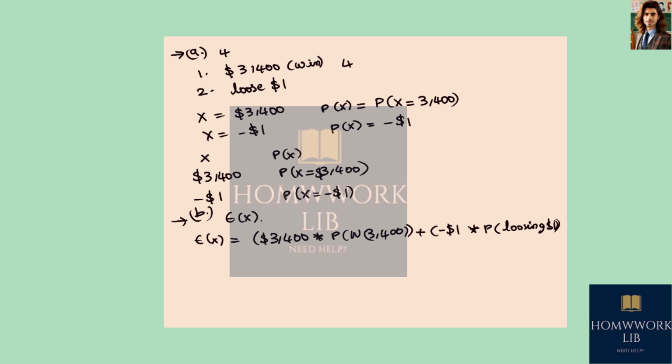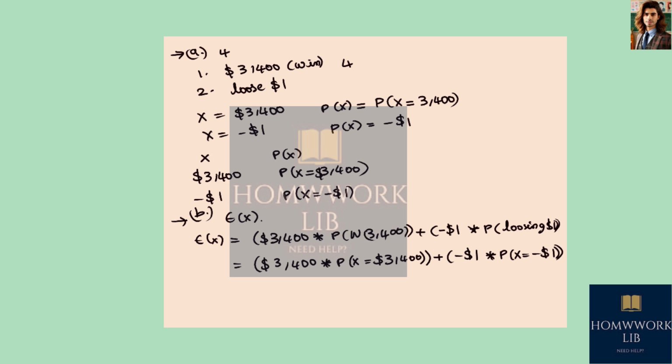So for this we need to substitute the values: $3,400 times the probability of X is equal to $3,400, plus minus $1 times the probability of X is equal to minus $1.